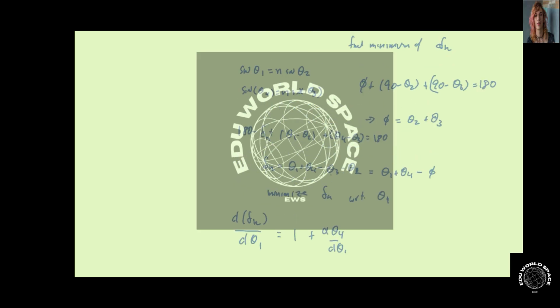So delta n is this, phi is a constant. So when I take the derivative, I'm going to get 1 plus d theta 4 d theta 1. So d theta 4 d theta 1 has to be minus 1. That's what that's telling us.